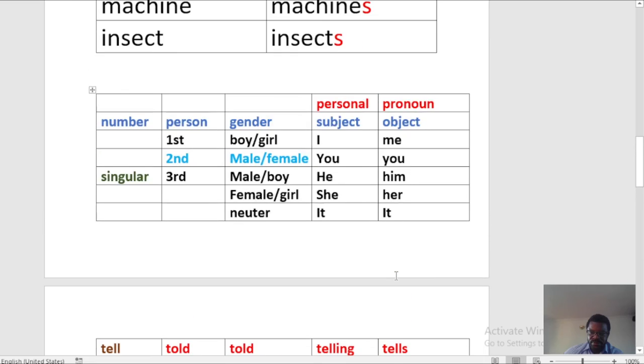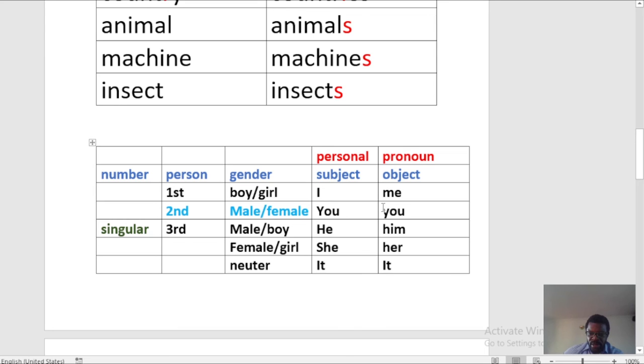And we continue. There are more than this. You have what? They, them. But just to refresh your mind, we're talking about personal, subject pronouns, and object pronouns. Okay?